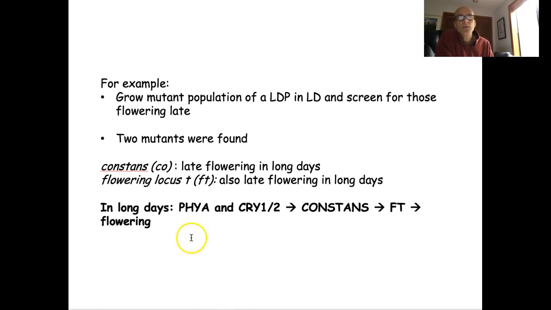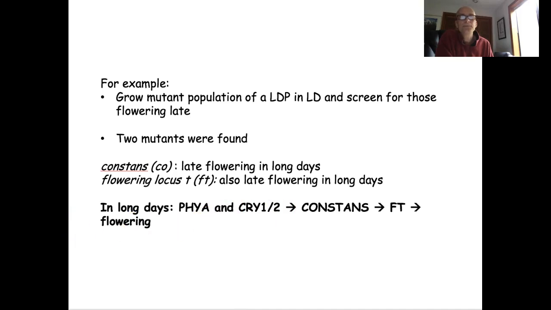In the end, what was found is that in long days, phytochrome A and cryptochrome 1 and 2 were both responsible for inducing constans, which was responsible for inducing flowering locus T, and that was then responsible for inducing flowering. But there's even more to know about the induction than just this linear pathway.